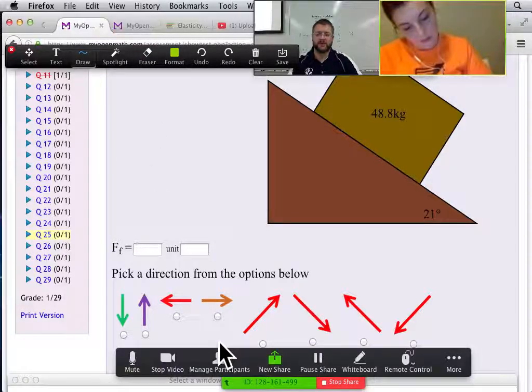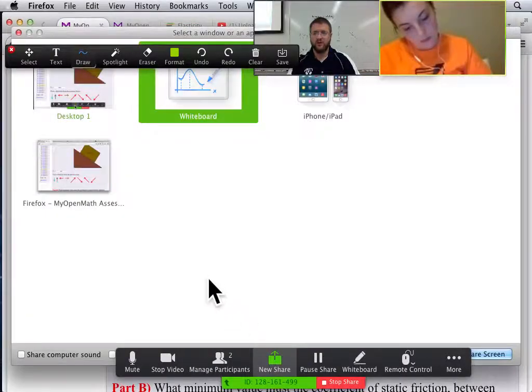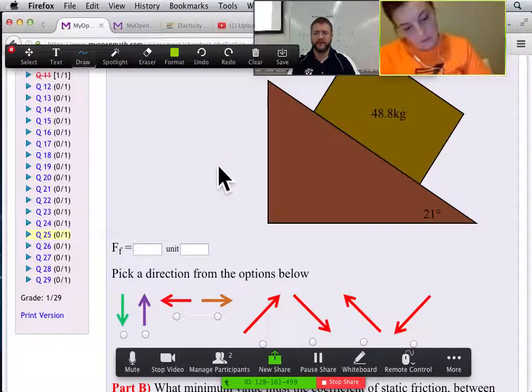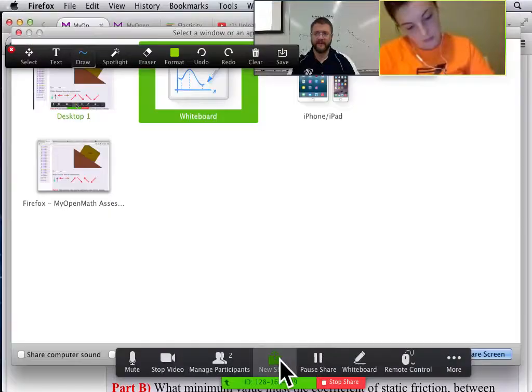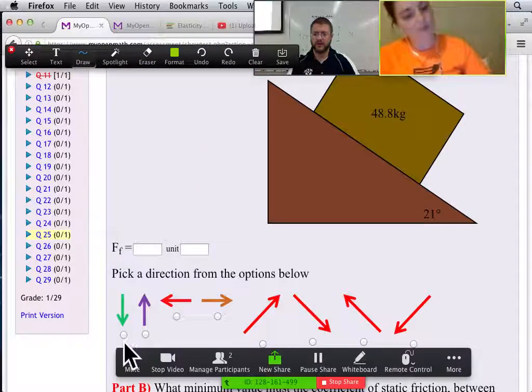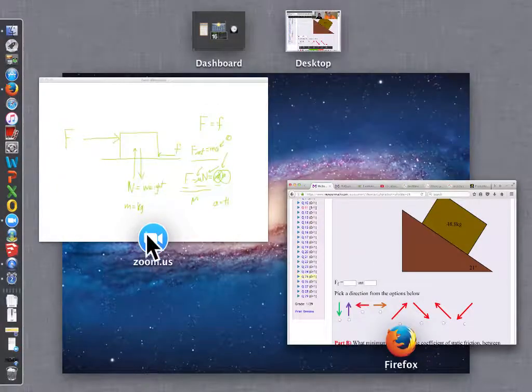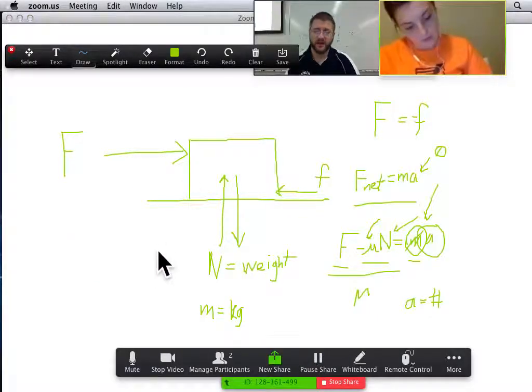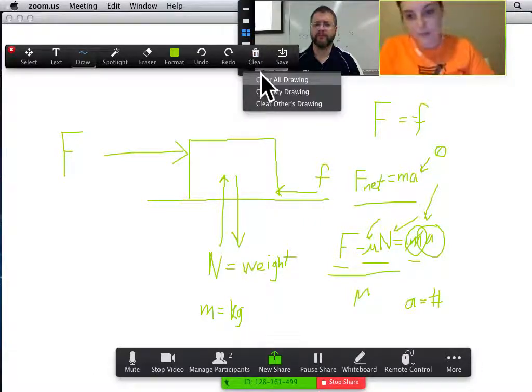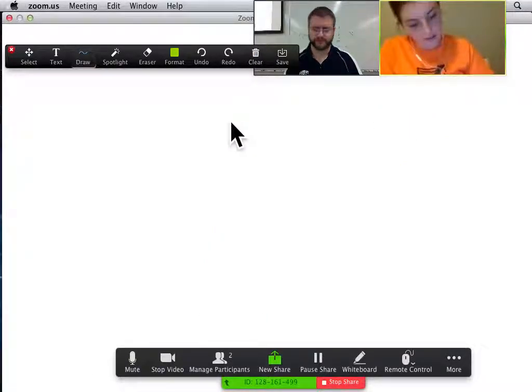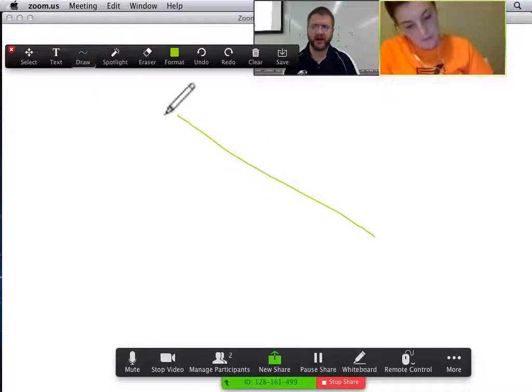So we go to our whiteboard, I think. Where'd my whiteboard go? There it is. Okay, can you see my whiteboard? Yes.